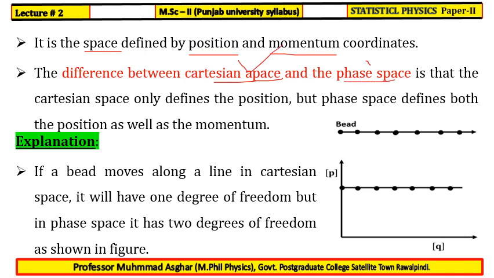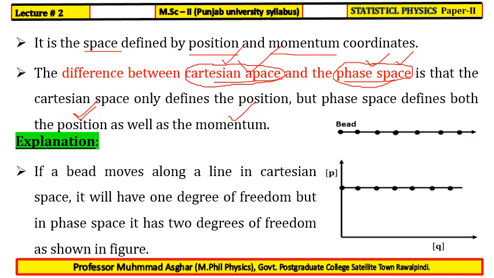In Cartesian space, we have only one coordinate, which is the position, whereas in phase space, we have two coordinates, one is the position and the second is the momentum. So if there are two coordinates in a space, position as well as momentum, then this forms the phase space. And if the space is described only by position, then it is called Cartesian space.